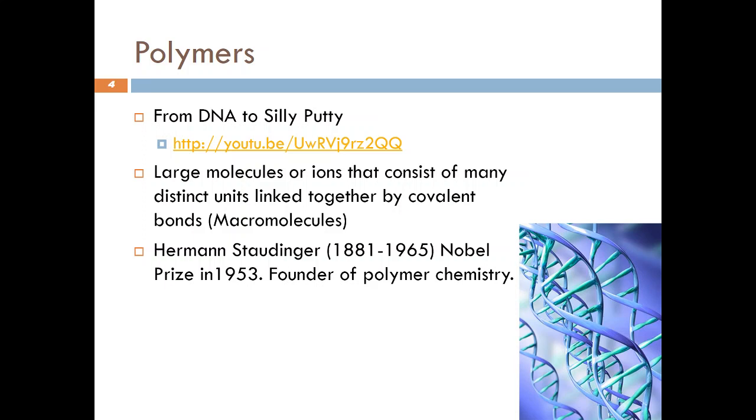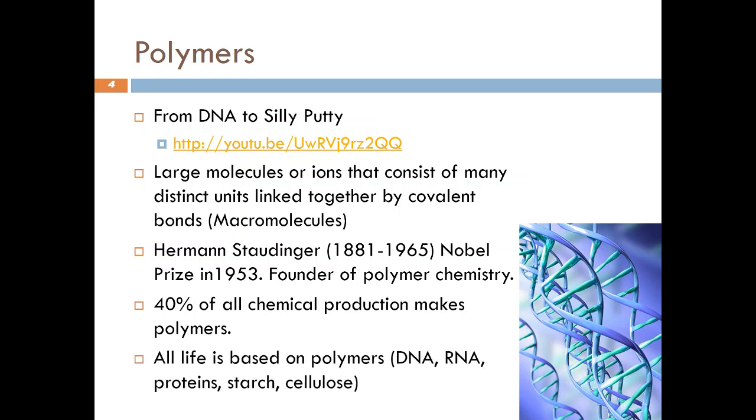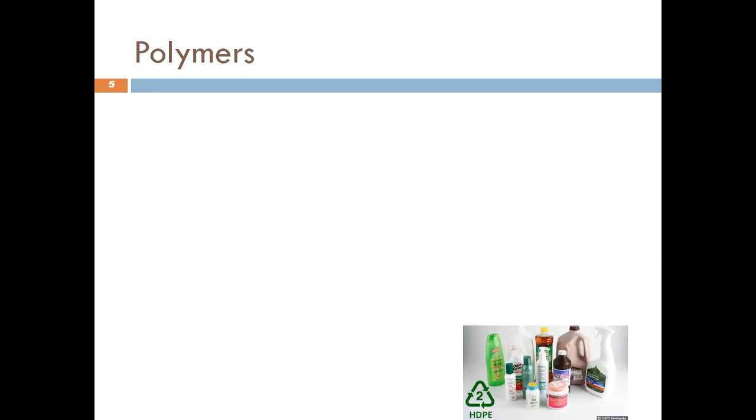A lot of big things, they're all polymer. That's how it's understood after that. 40% of all chemical production makes polymers, because we deal with something that we can hold, or something bigger than that, wouldn't we? All life is based on polymer: DNA, RNA, protein, starch, cellulose.